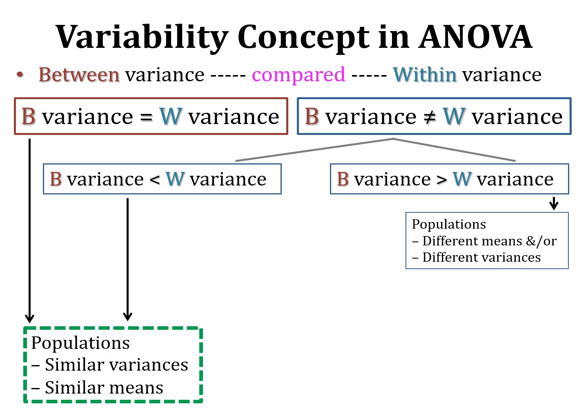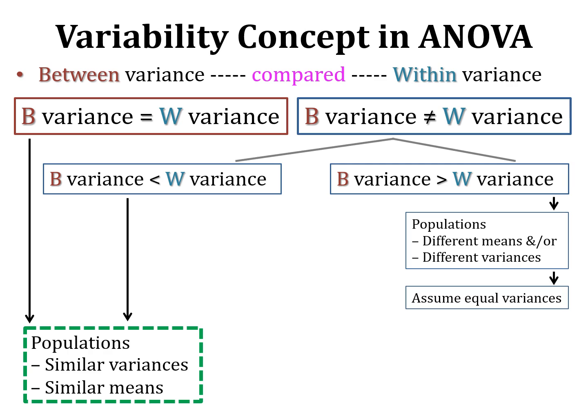So we can have three situations here: the populations have different variances, or the populations have different mean values, or the mean values as well as the variances of the populations are different. So if the between variance is greater than within variance, it is because of one of these three possibilities, right?